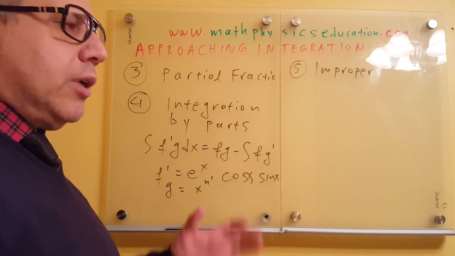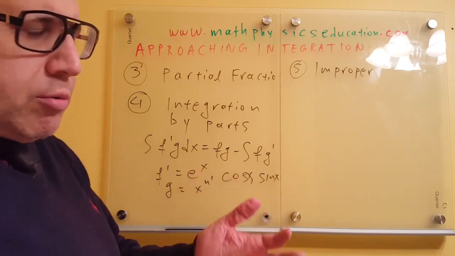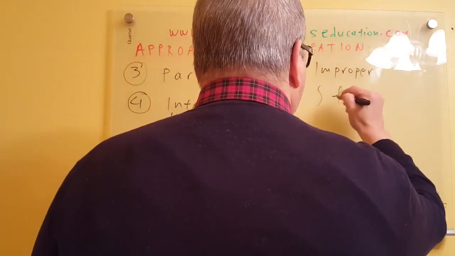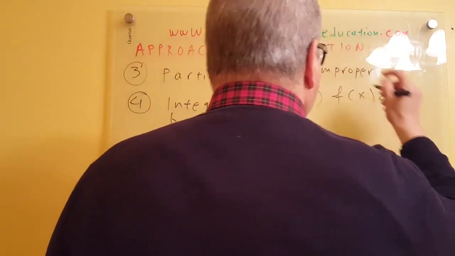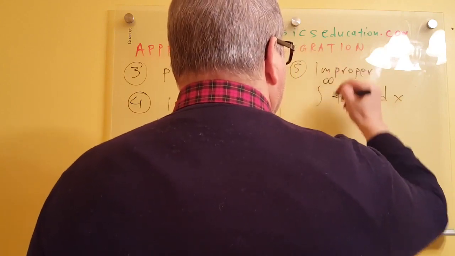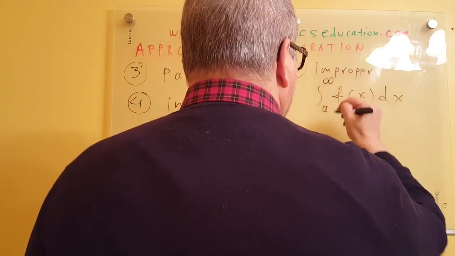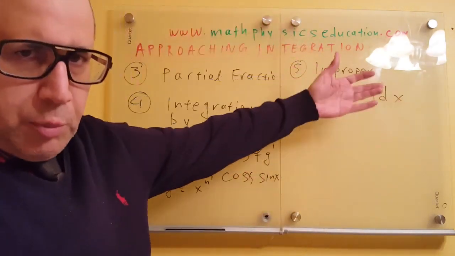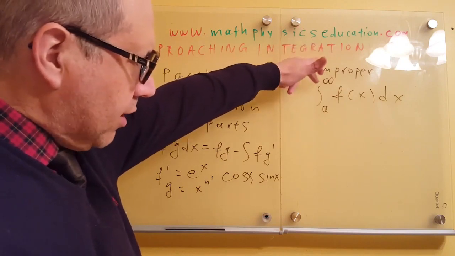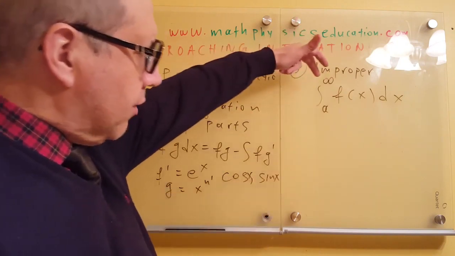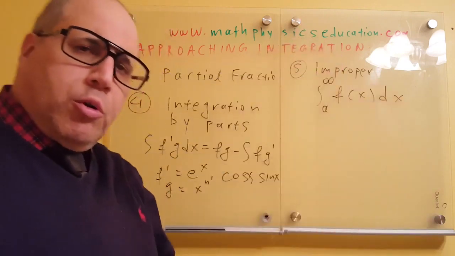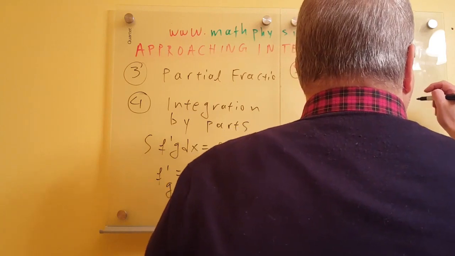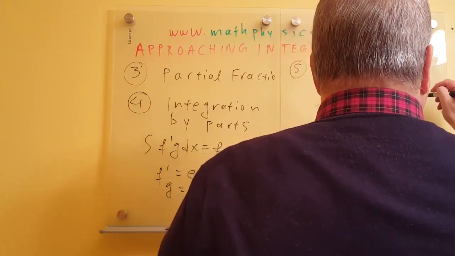So here we have one case which is very obvious: let's say you have to find the integral of f of x dx from a point A to infinity. You know immediately that you have to use improper integral because you have this infinity sign here, and of course you can have the infinity here or here, and it can also be negative infinity. So that's the improper integral type 1.